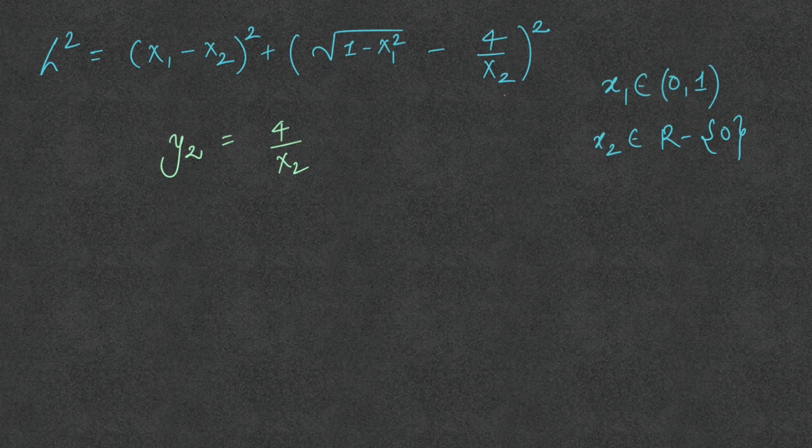Since we have x1 and x2, we can consider that x1 is the input for the first function and x2 is the input for the second function.